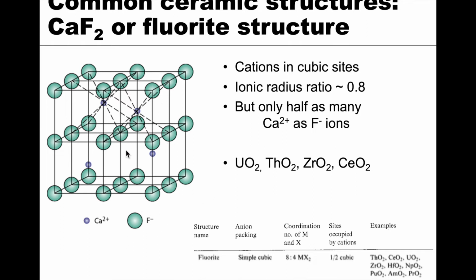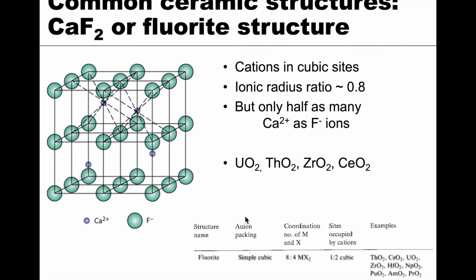So it's a simple cubic array of fluorides, but here the body center positions are filled, and you can see that only half of them are filled. That's why we need to build this larger unit cell to describe the whole structure. In this case, those cations are going to have a coordination of 8, whereas the anions are only going to be coordinated by 4 because there's not that many.